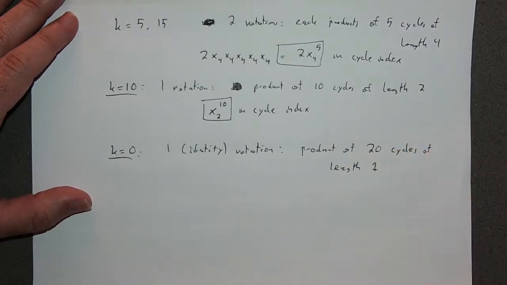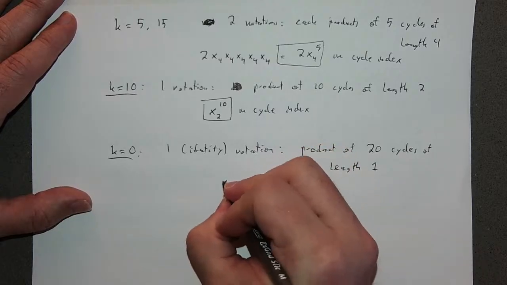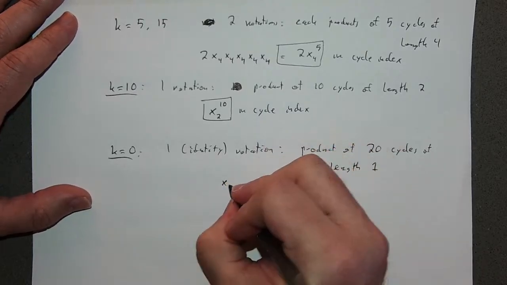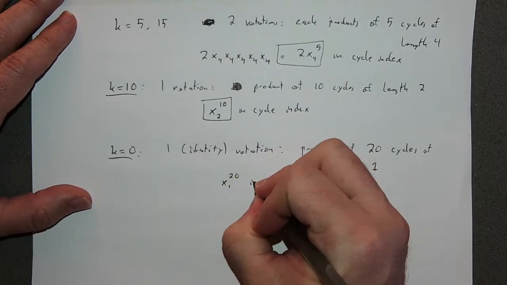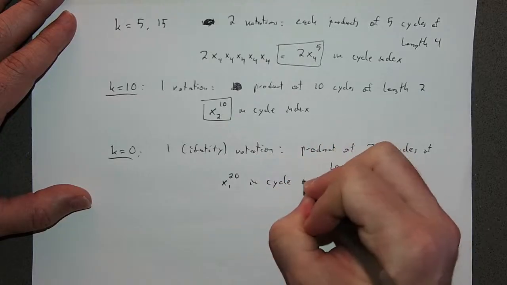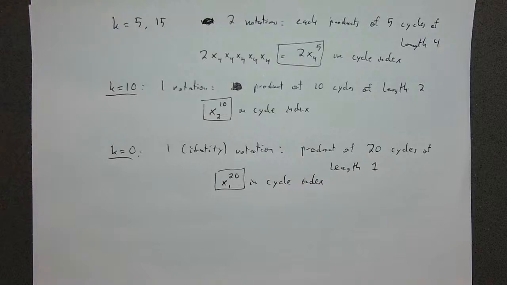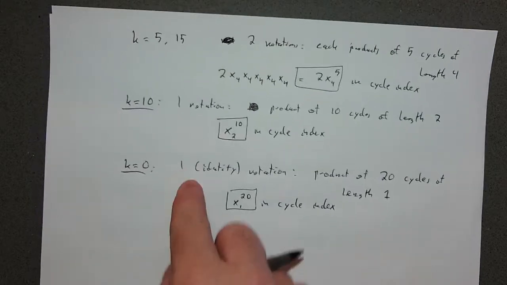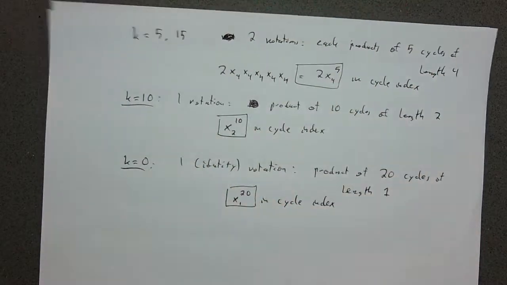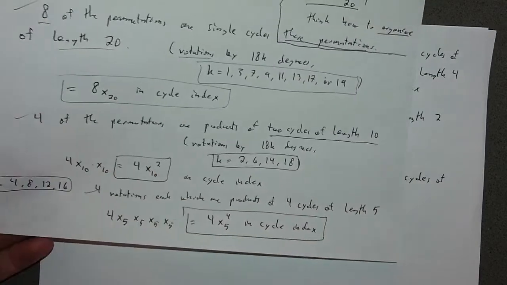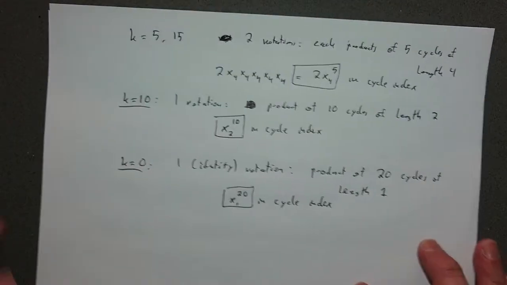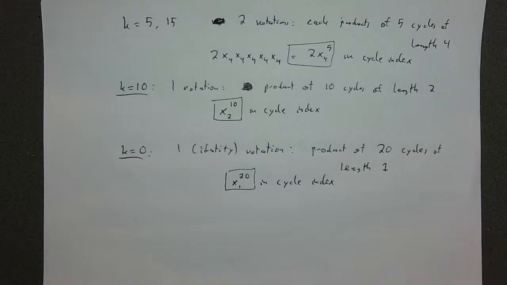So this contributes x sub 1 to the 20 in the cycle index. Okay. Let's just make sure that we got them all. So 1 rotation, 2 rotations, that's 4. 4, 4, 8. Yeah, that's all 20 of the rotations in the dihedral group on 20 vertices.